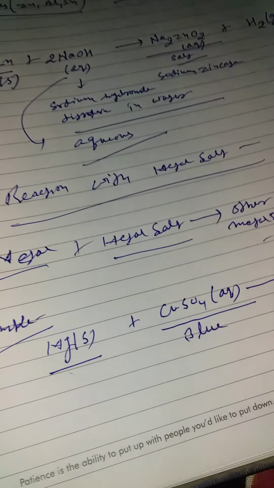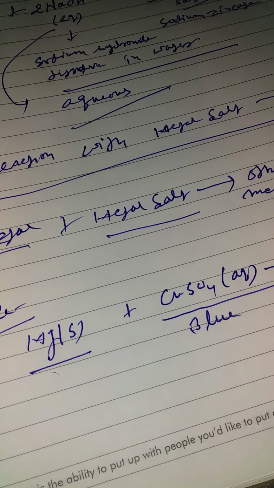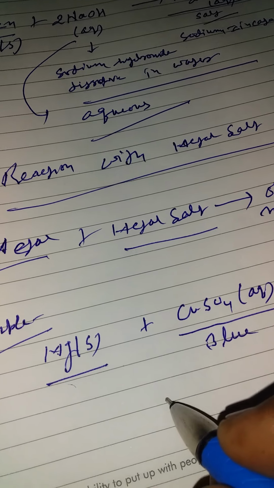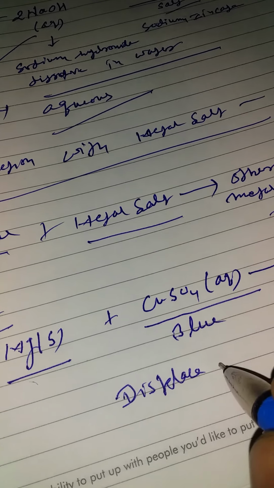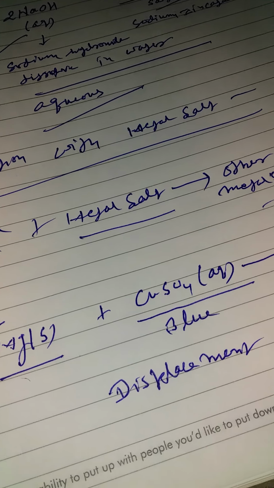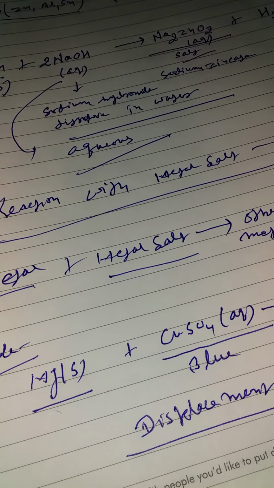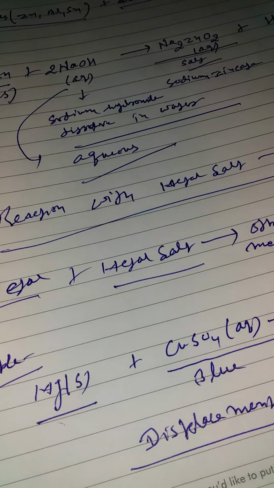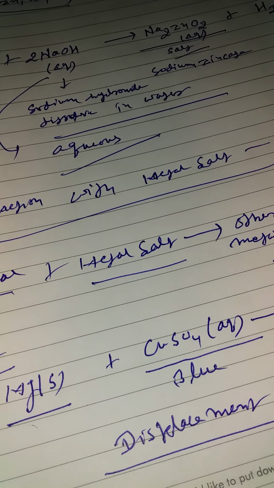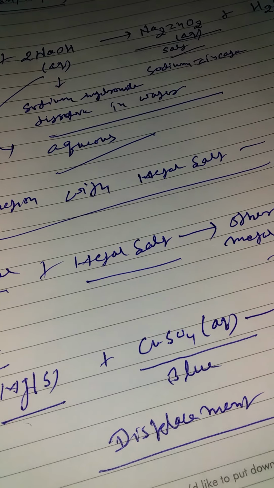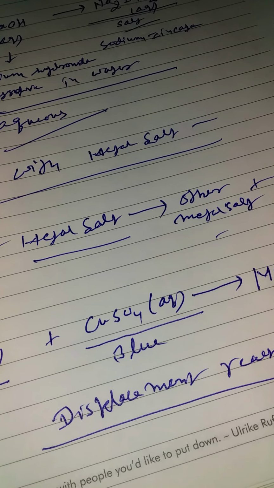So students, for this reaction we use displacement reaction, which was discussed in class 7 chemical substances and processes, in which the topic was types of reaction, in which we had studied displacement reaction.